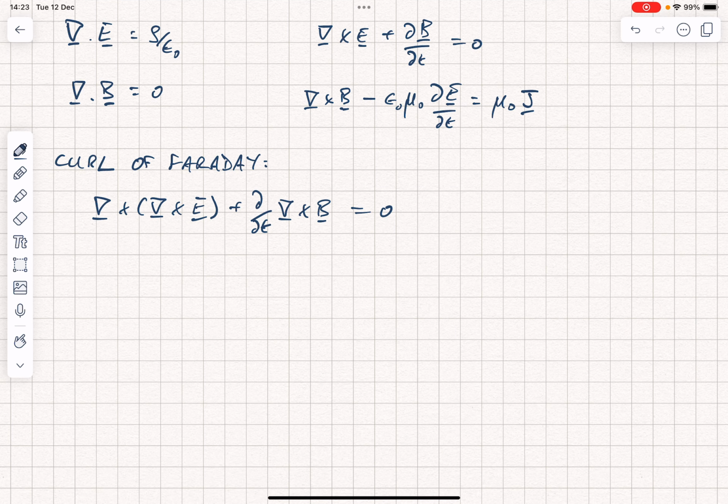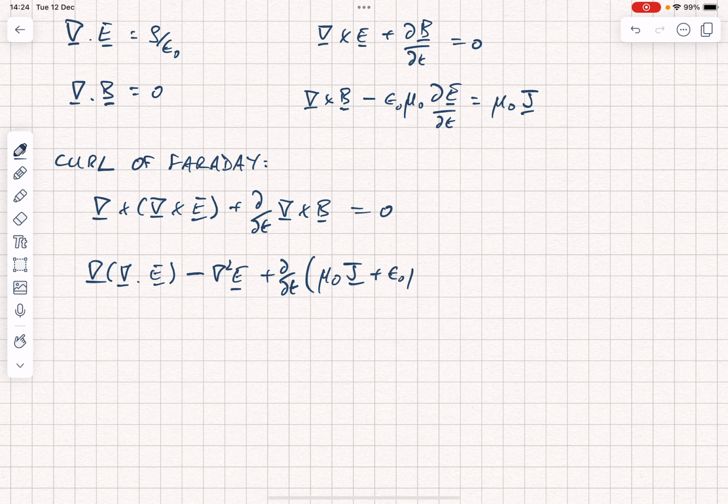We're going to expand out the curl of the curl, and we'll get the gradient of div E minus del squared E, that's the curl of the curl, and then I'm going to substitute in the Ampere-Maxwell equation, so we're going to have plus d by dt of mu naught J plus epsilon naught mu naught dE by dt is equal to 0. So far so good. This should all be fairly familiar.